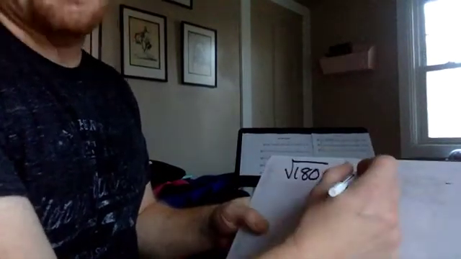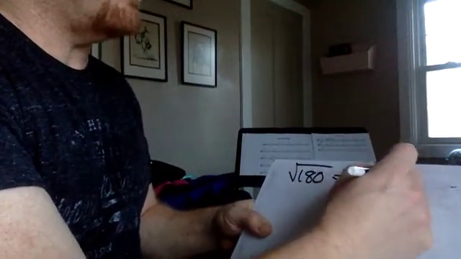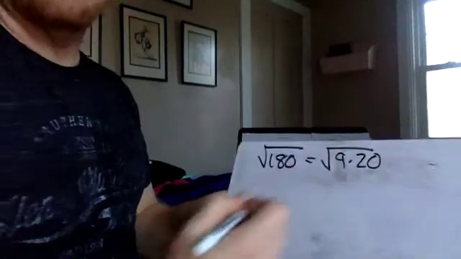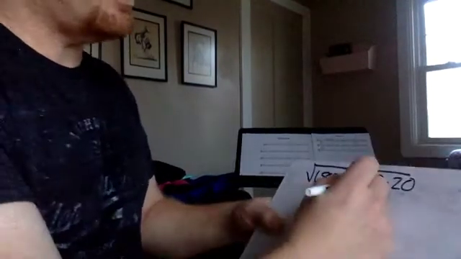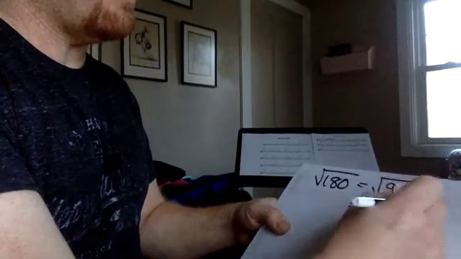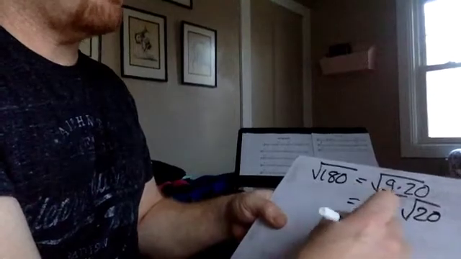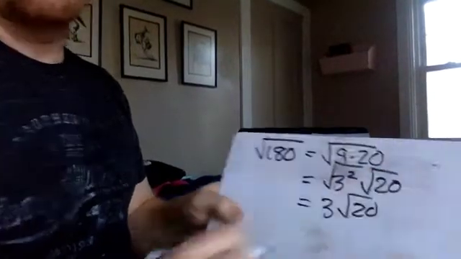I know I can pull 9 out of this, right? So it would be 9 times, I believe, 20. So let's start with that. So I know I can get 3 squared out of 9. Let's leave 20 how it is for now. And you get 3 times the square root of 20.